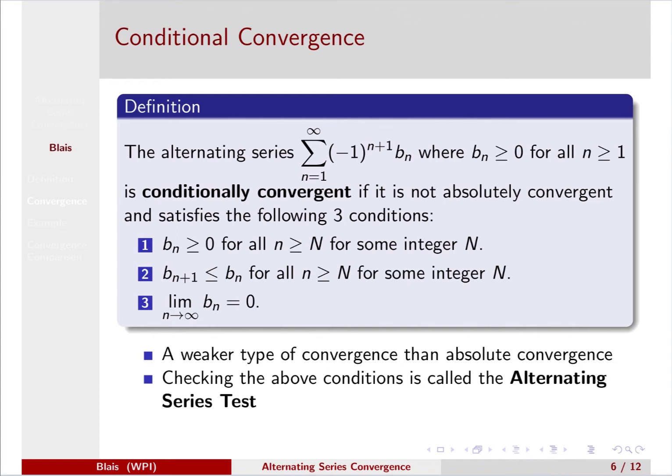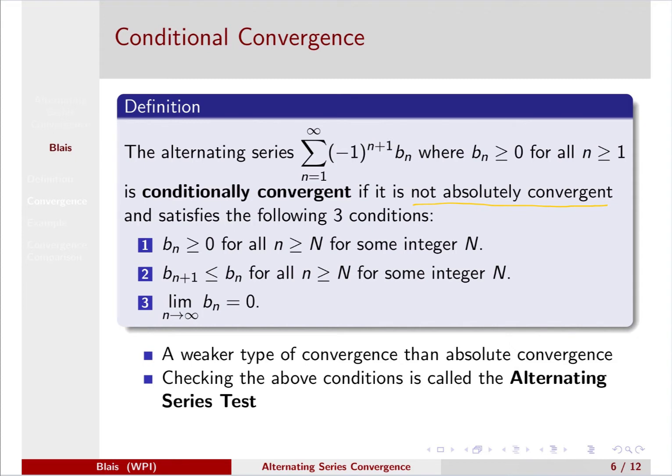We want to make sure that it doesn't have that stronger convergence. So if it is not absolutely convergent and it satisfies the following three conditions. First condition, all the b_n are non-negative. We kind of get that for free here because the way we define this, the b_n are non-negative. Second, b_(n+1) is less than or equal to b_n for all n after some capital integer N.